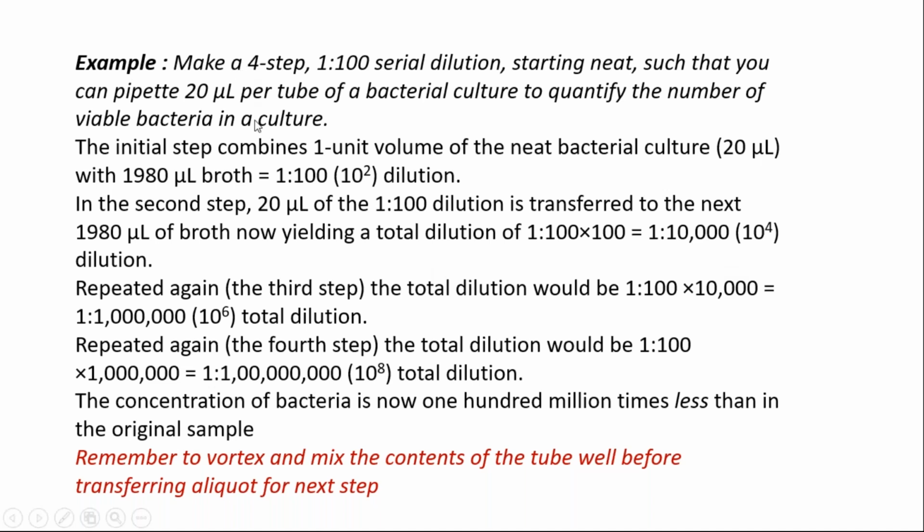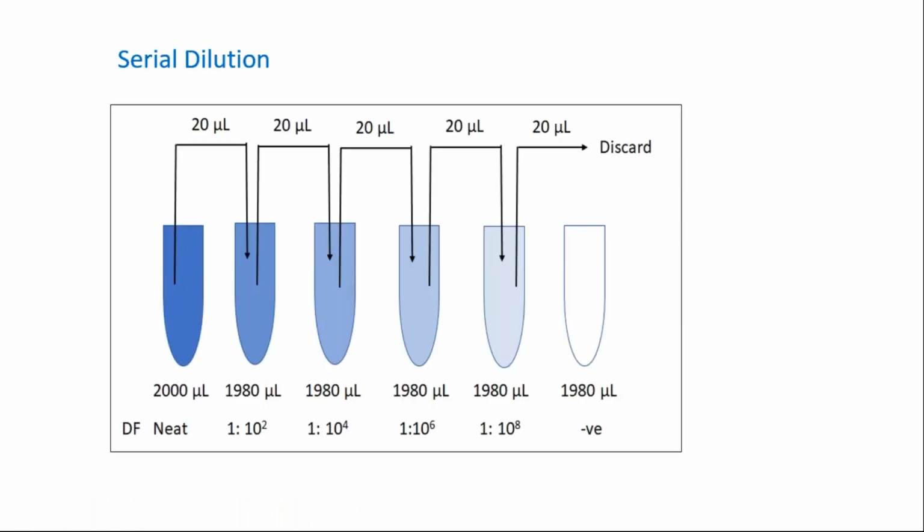So you can do accurate dilutions to get almost 1 CFU if you know the colony forming units of the first one. So in bacterial cultures and in these laboratories, and also for ELISA, we use what is known as the serial dilution. But you must remember to vortex the tube thoroughly so that your results are accurate.